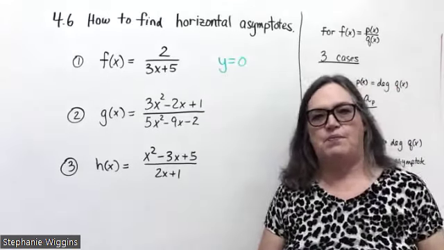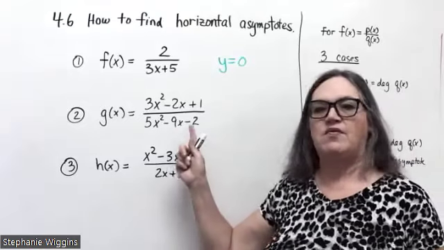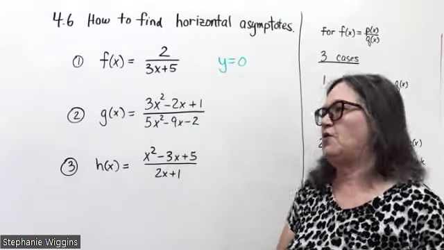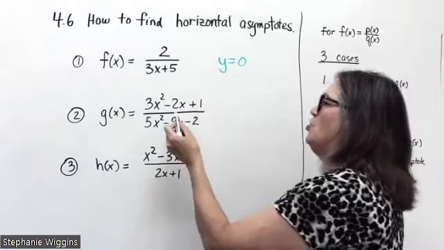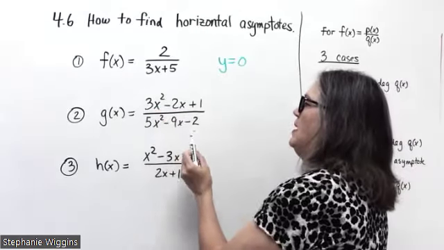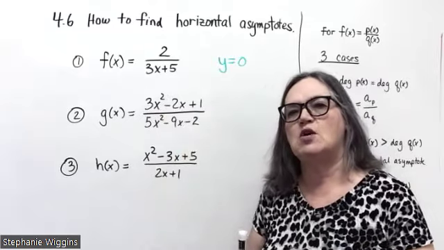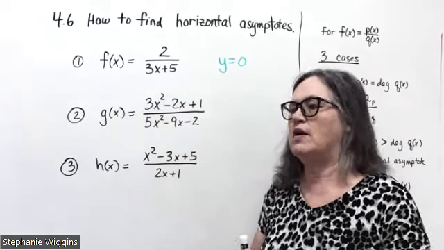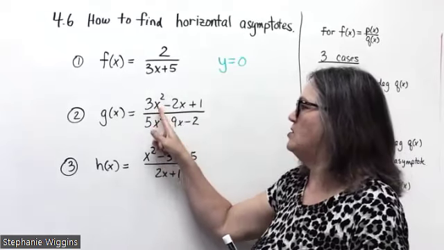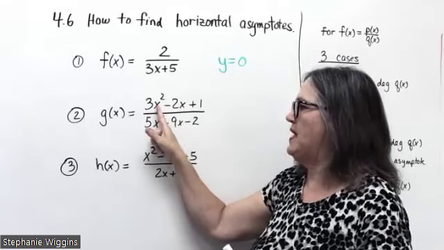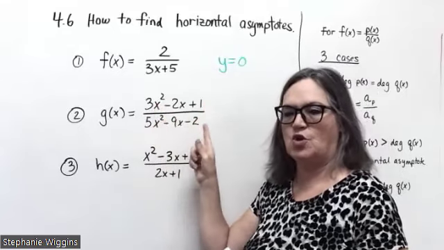And in the next example, notice that we have a quadratic function in the numerator and a quadratic function in the denominator. So the degrees match. Basically what happens is since those are the highest powers on x, these terms are going to dominate relative to these other terms.